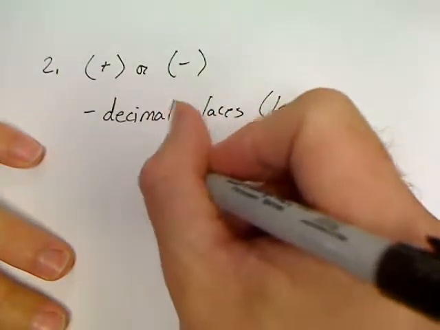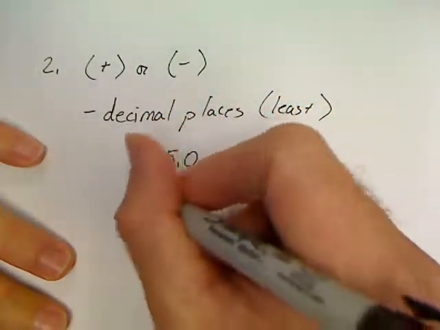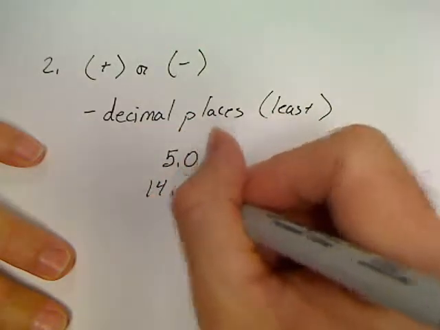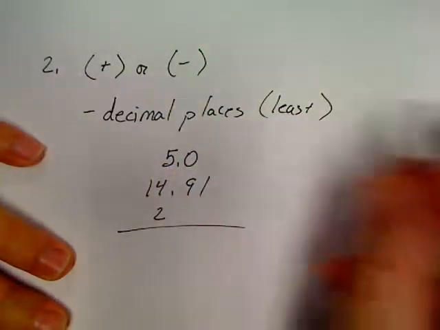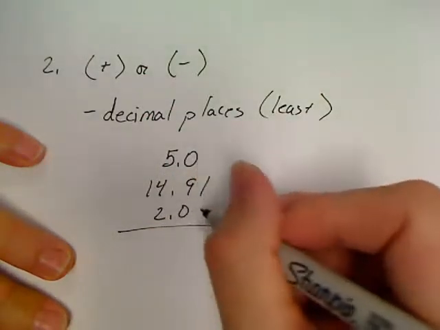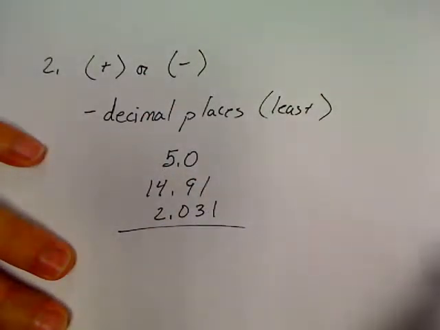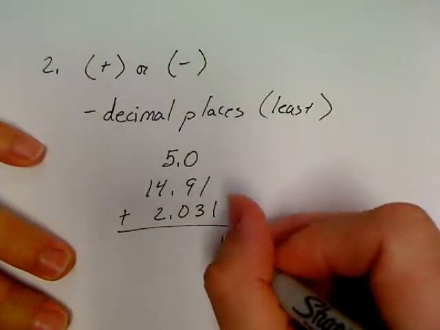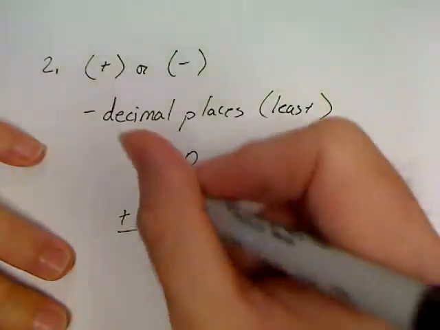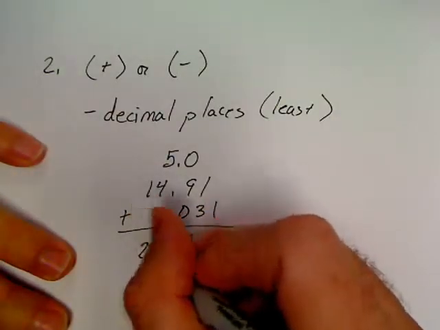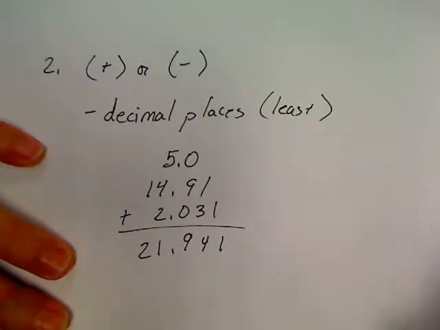So say, for example, you had the number 5.0, 14.91, and let's go with 2.031, and you were going to add these numbers together. Your answer would be 21.9411.